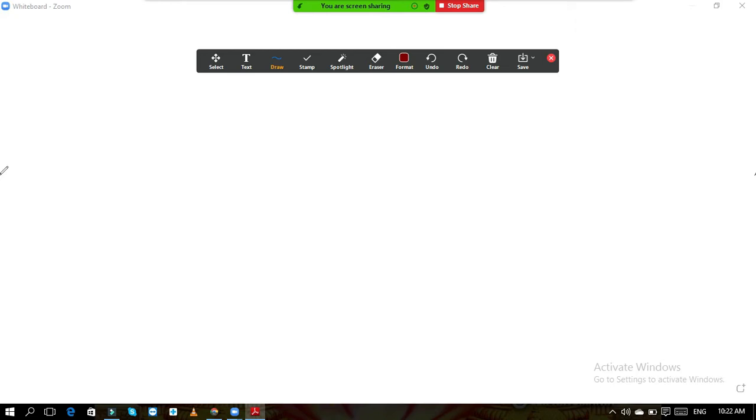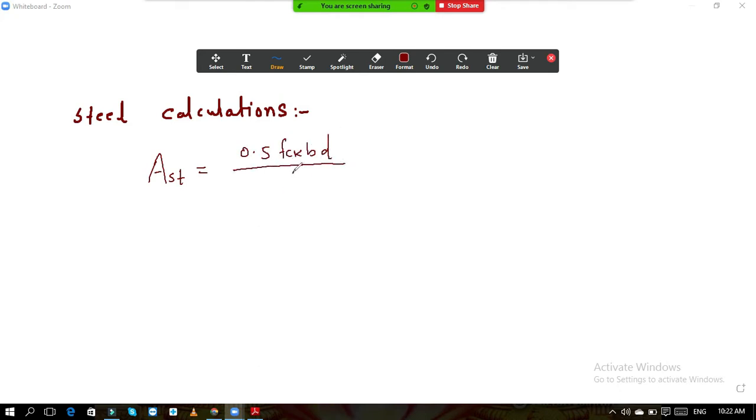So check for depth is over. Now we will move to the further step, that is steel calculations. So the formula to calculate the steel is Ast = 0.5 fck b d / fy (1 - sqrt(1 - 4.6 Mu / (fck b d^2))).